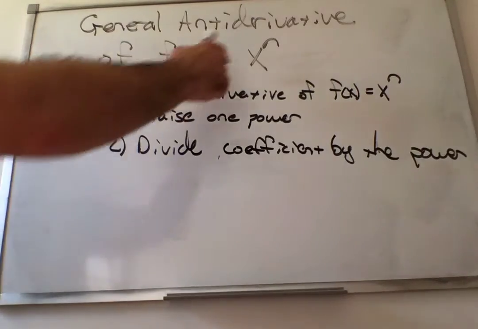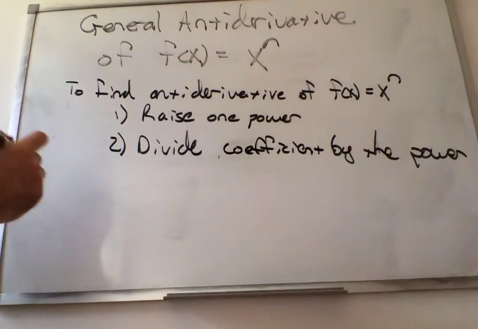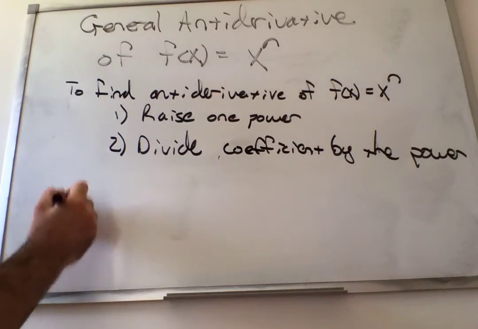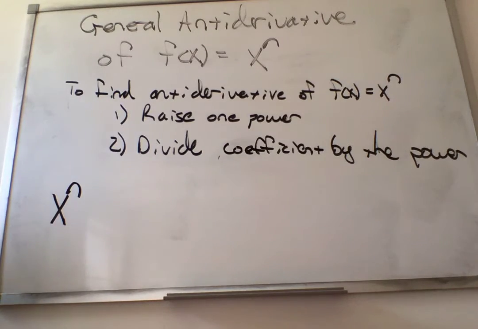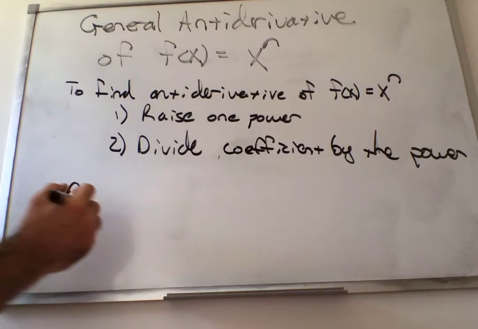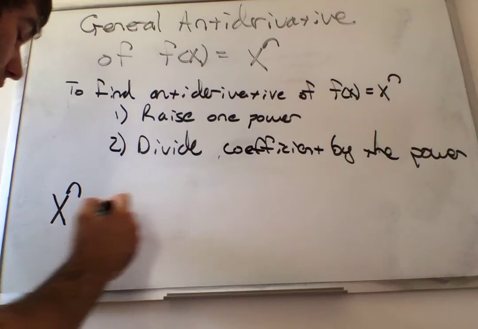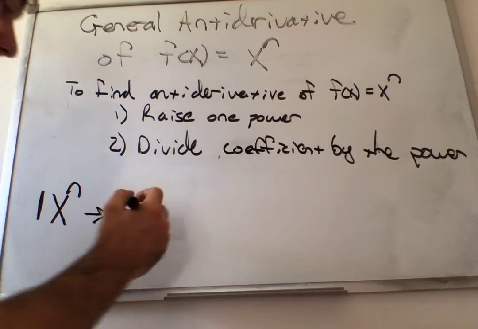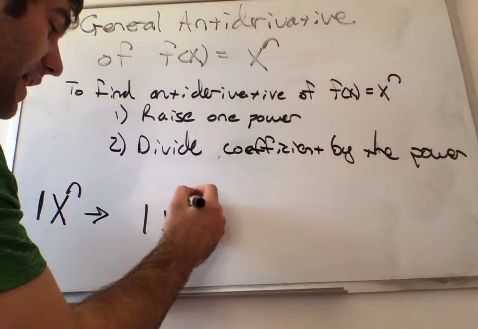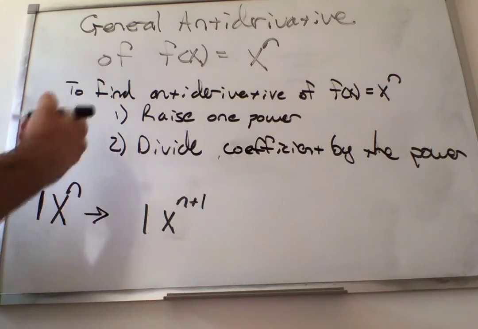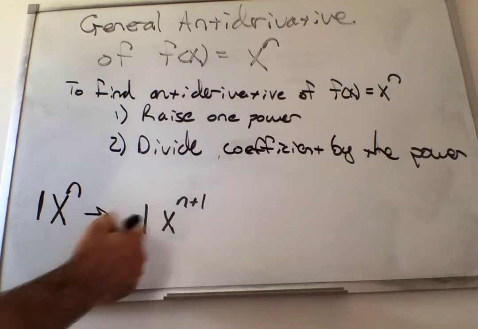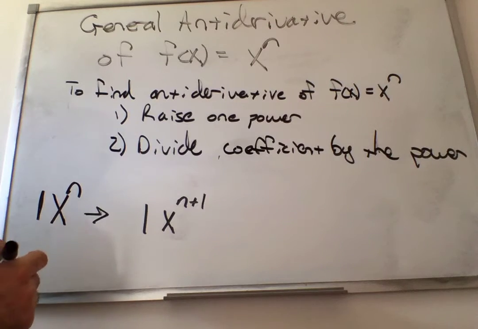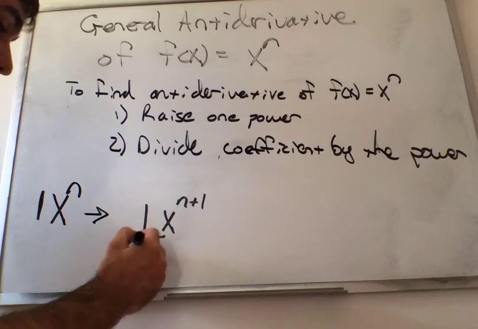Let's go ahead and apply it to this one right here. So, x to the n, we start with that. We're going to raise 1 power. So I'm going to put a 1 out in front here, okay? There's a reason why I'm putting the 1 out front. So, 1, x to the n plus 1, so I go up 1 power, and then I got to divide this coefficient, that's why I put the 1 out there, divide the coefficient by the power, n plus 1.